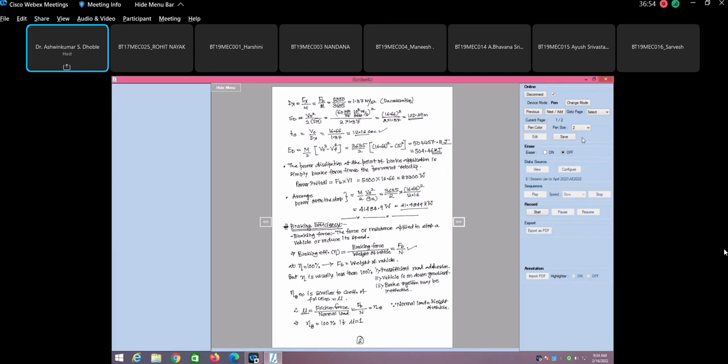Sir, possible है क्या? Coefficient of friction equals to 1. क्यों सर? क्या होगा? What will happen?